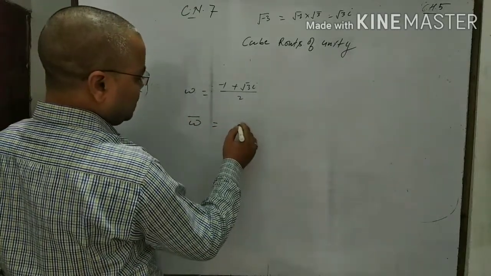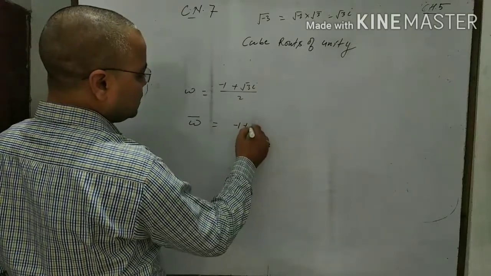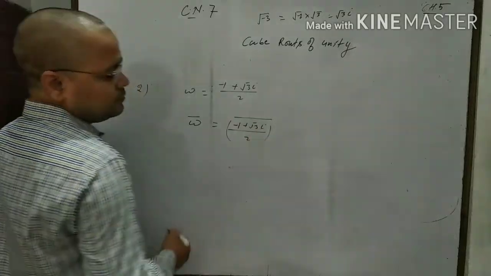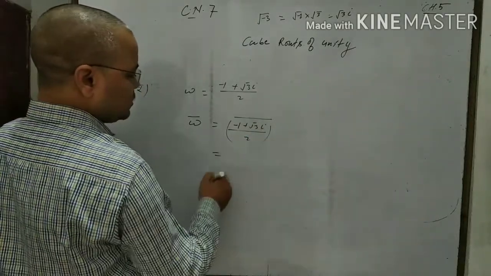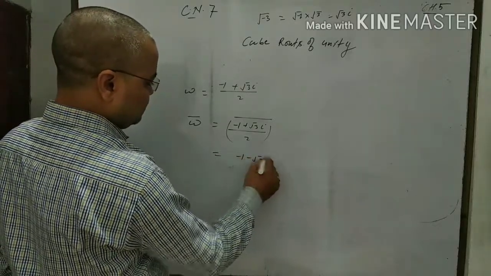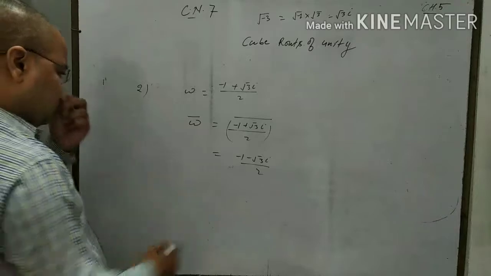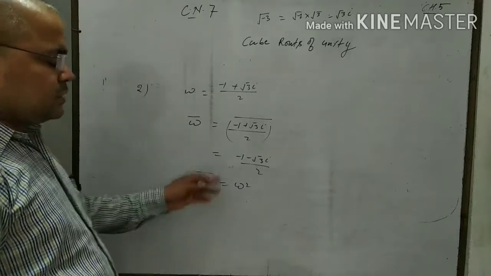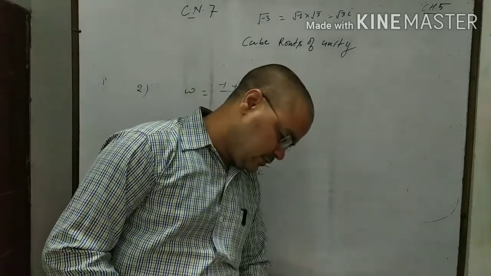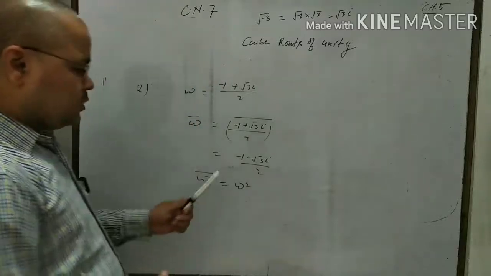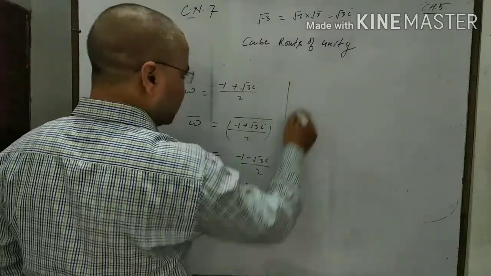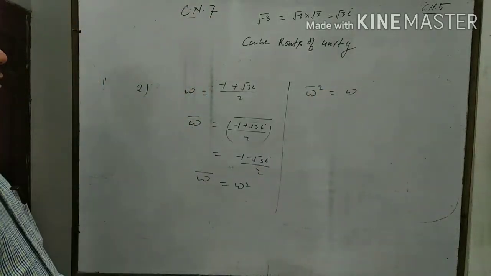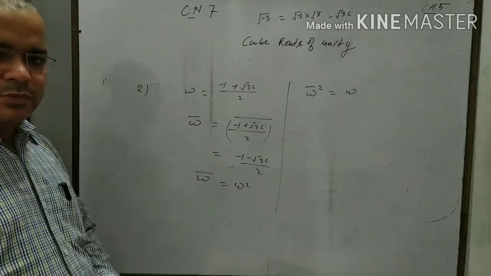Conjugate of this value -1 plus root 3i by 2, the sign will be changed, and this is the omega square. Means conjugate of omega is equal to omega square, and similarly we can prove that conjugate of omega square is equal to omega.